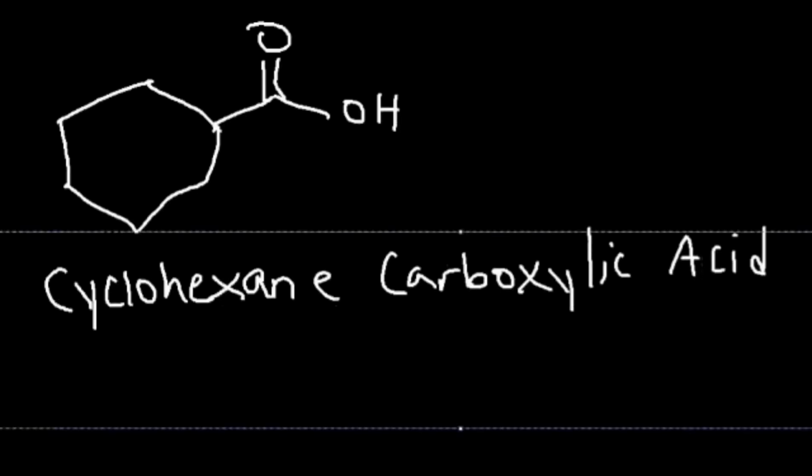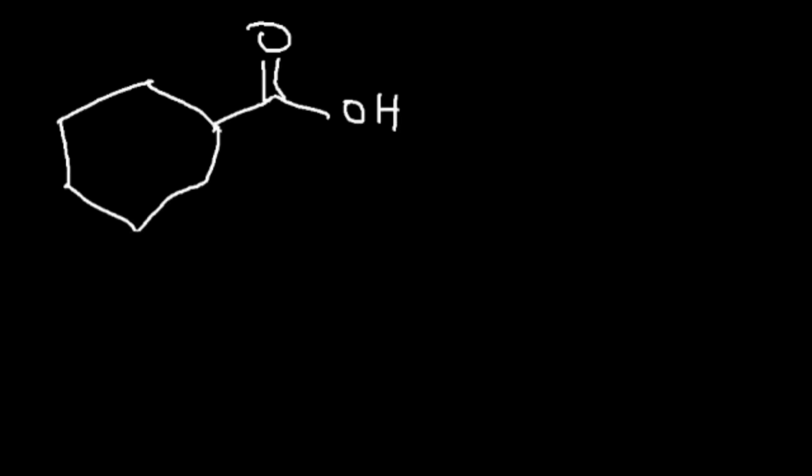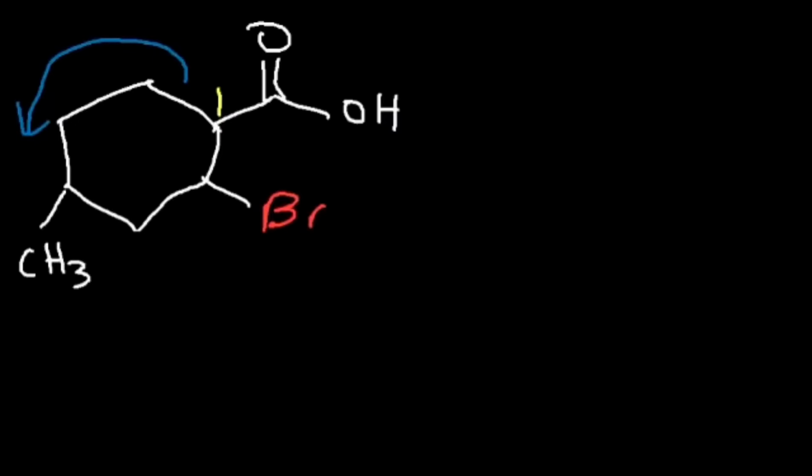Now, what if there's some substituents attached to it? Let's say if we throw in a bromine atom and a methyl group. How can we name it? So automatically, this is going to be carbon 1. It's associated with the functional group that has the highest priority here. Now, we need to decide, should we count it counterclockwise or clockwise? Now, if we count it counterclockwise, we're going to have a substituent on 4 and 6.